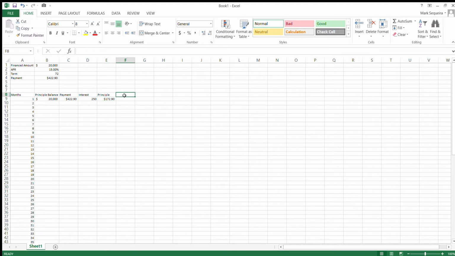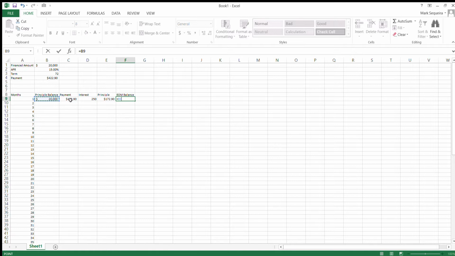Now, at the end of the month, after you've made your payment, what is your new principal balance? I'm going to label that your end of month balance, or EOM balance. It's your principal balance minus, not your payment, because your payment won't reduce your balance by $422.